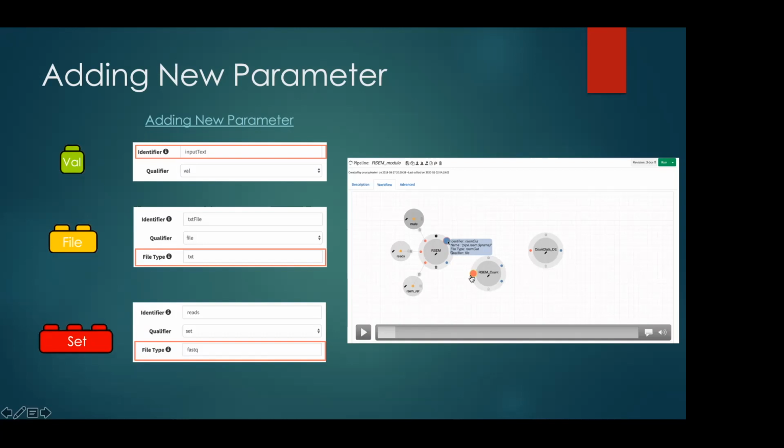So over here, only one input node is highlighted, and the rest of the input nodes are kind of smaller, so it's not allowed to connect. So how we are highlighting these input nodes is by using these file type fields for file and set. And for the val value, we are using this identifier name.